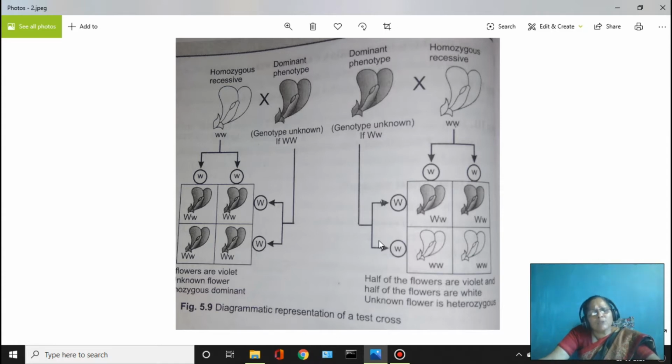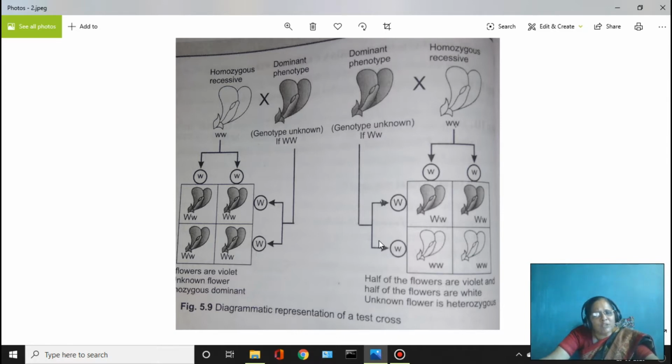The important use of this test cross is to find out the genotype of the unknown phenotype, whether it is homozygous or heterozygous. In back cross, we cross the F1 with either of the parents.